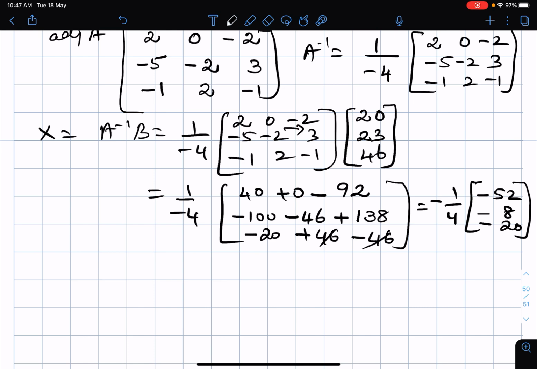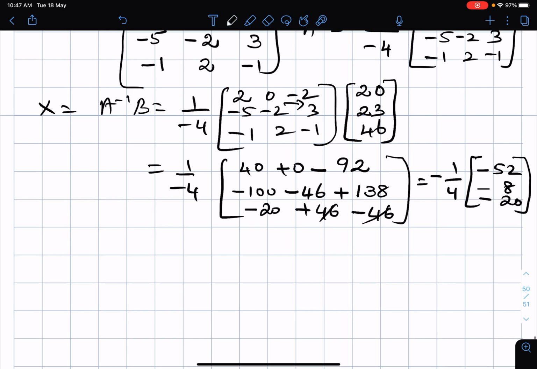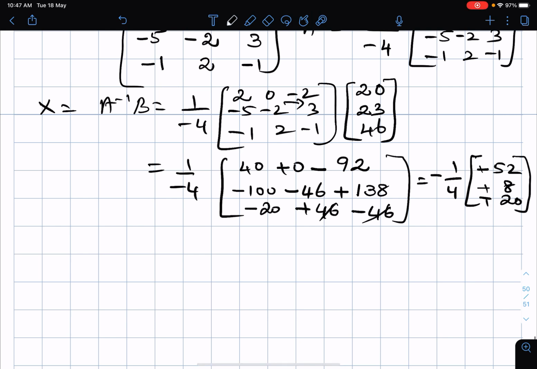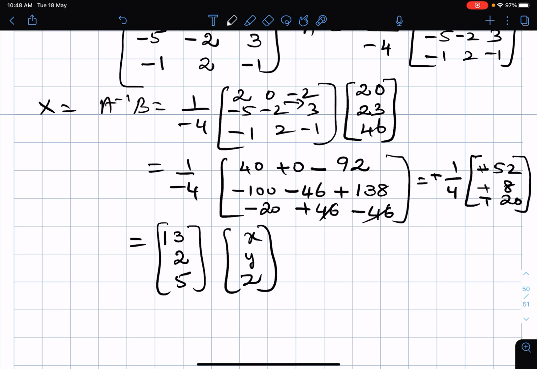Now dividing minus with minus gets plus, and when you divide with 4 you get the answer as 13 and then 2 and then 5. This is nothing but our x, y and z. You verify by putting it in any one of the equations and you will get the right answer.